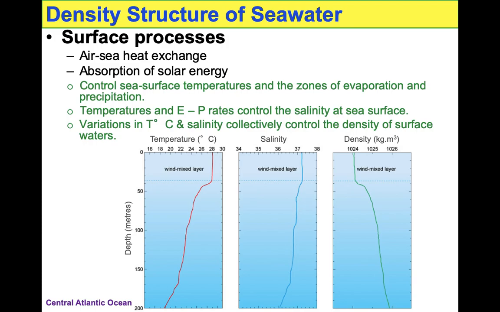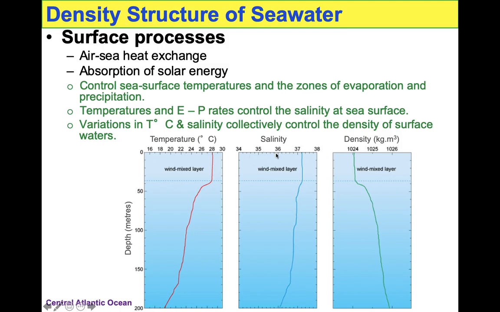So let's take a look now first at surface processes affecting global ocean water density. We're going to look at these three profiles first. The one on the left is the temperature profile going down to 200 meters, and the temperatures are increasing from left to right in degrees Celsius.